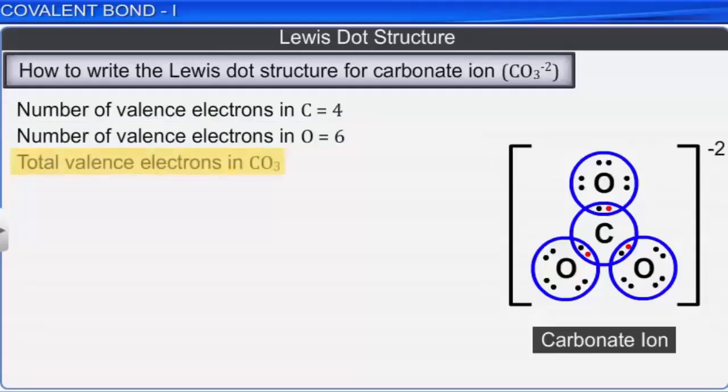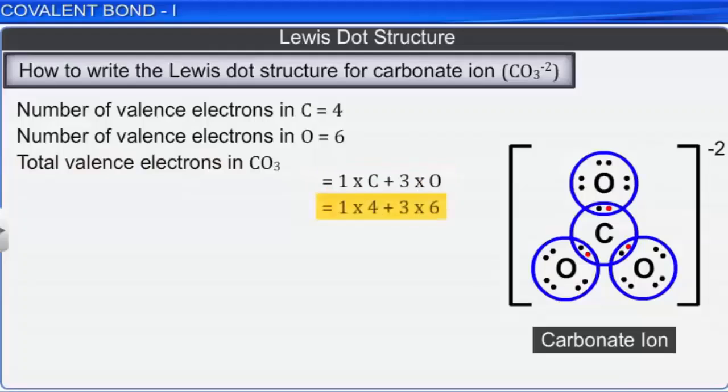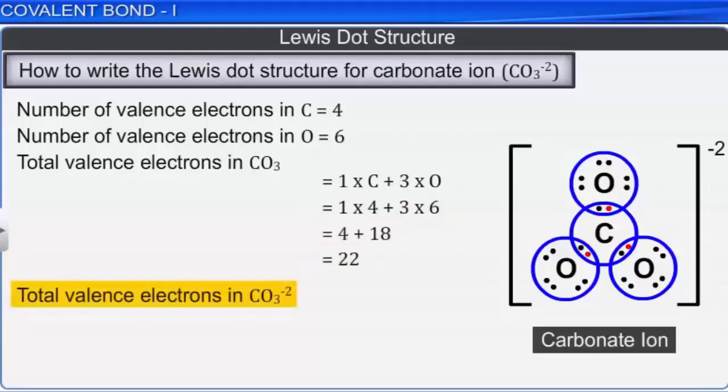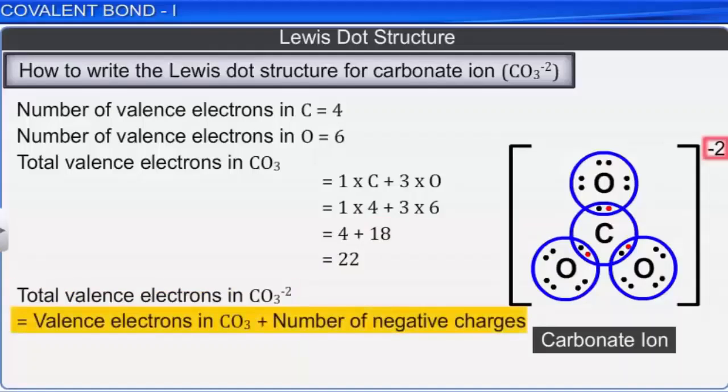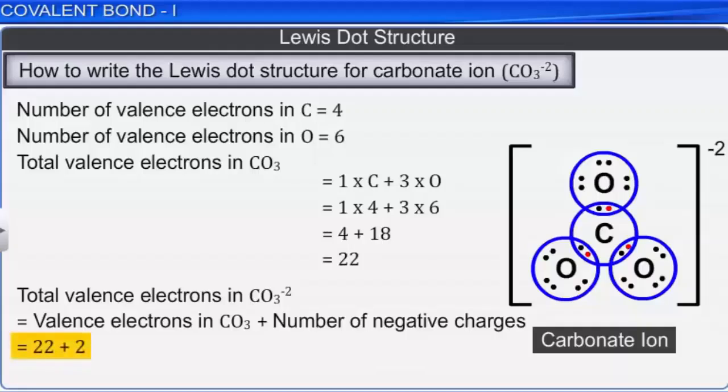As 3 oxygen atoms are present, the number of valence electrons in 3 oxygen atoms is equal to 18. The total number of valence electrons here is 22. As 2 negative charges are present on the carbonate ion, add 2 to the total. Hence, the total valence electrons in the carbonate ion is 22 plus 2 equal to 24.